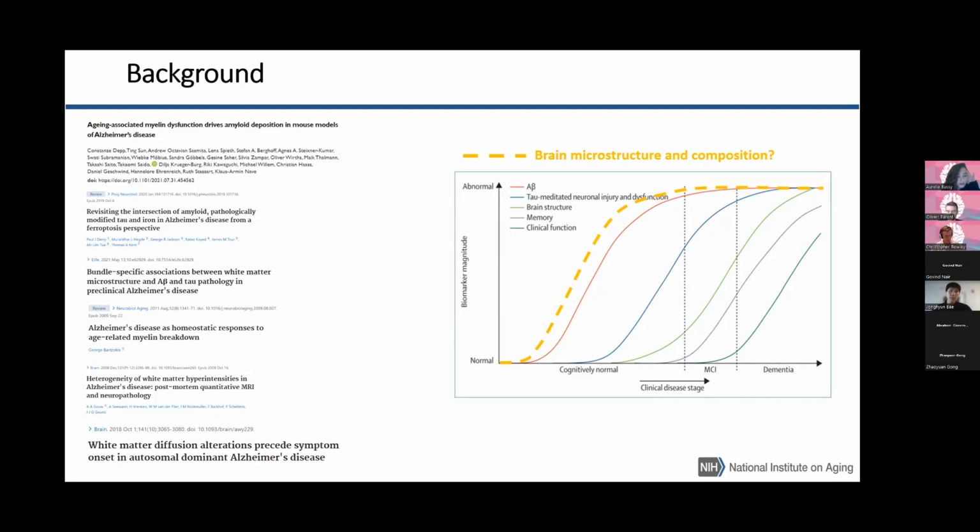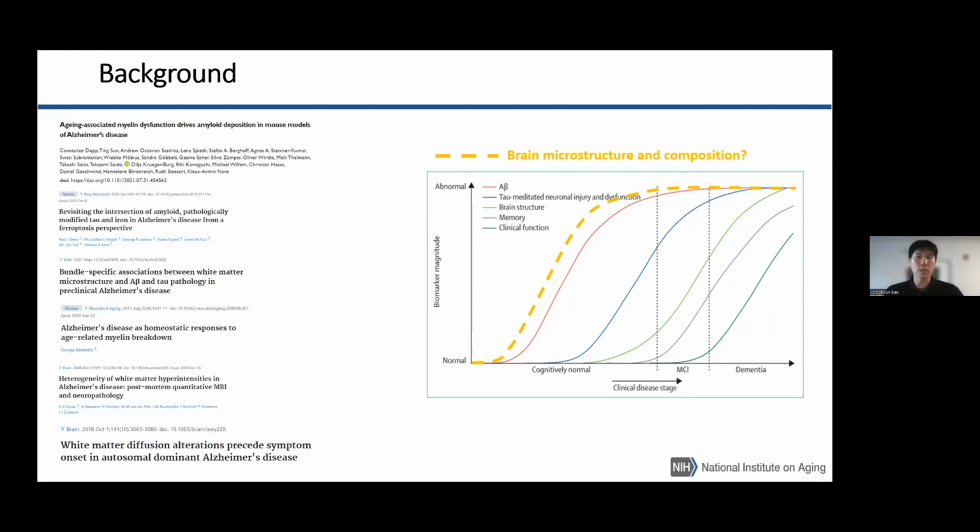And it is suggested that perhaps these changes may precede the hallmarks of AD and the clinical onsets. Therefore, detecting these changes in brain microstructures with a reliable and reproducible method is very important, as they can be used as an in vivo biomarker to monitor the aging process and the progression to AD.